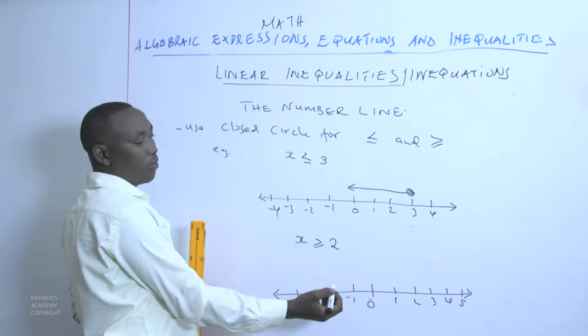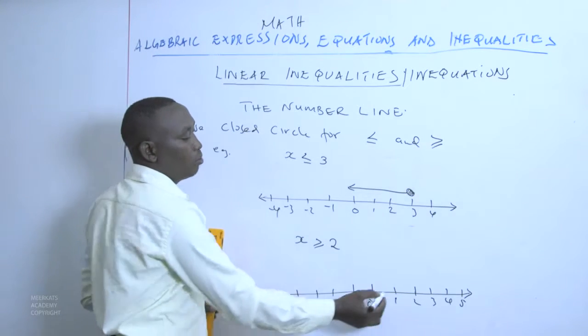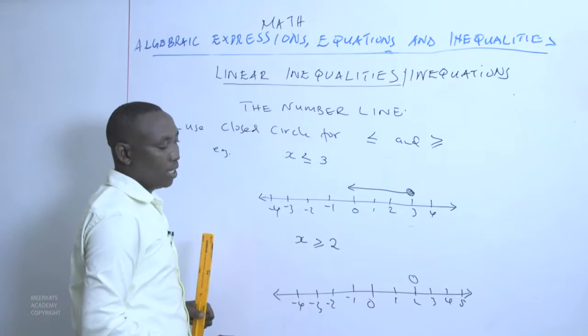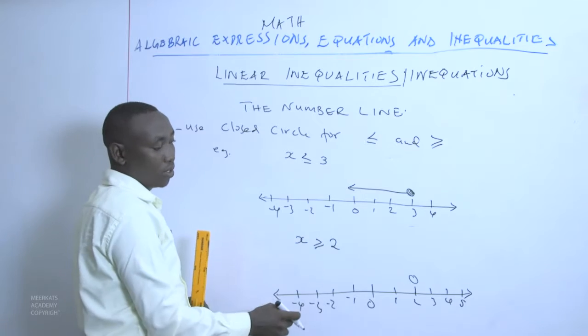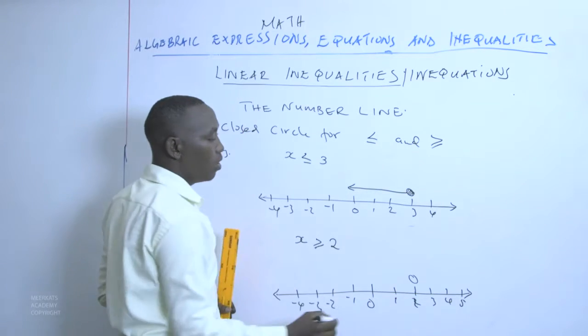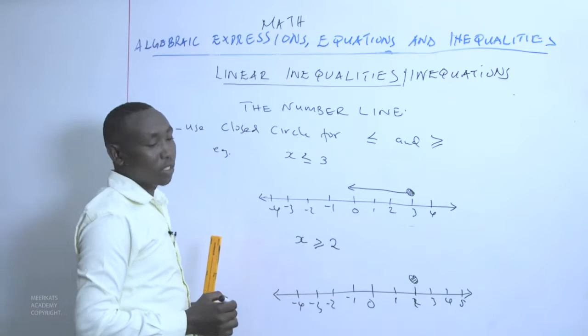Again, we locate where 2 is, so 2 is here. You put a dot where 2 is, and you remember that it is greater than or equal to. So that means that our number 2 is included. Therefore, this dot should be closed.